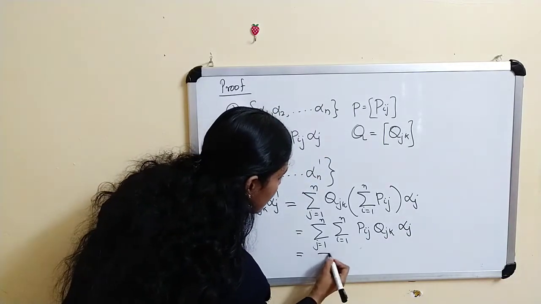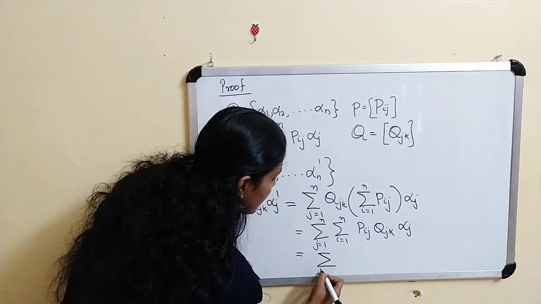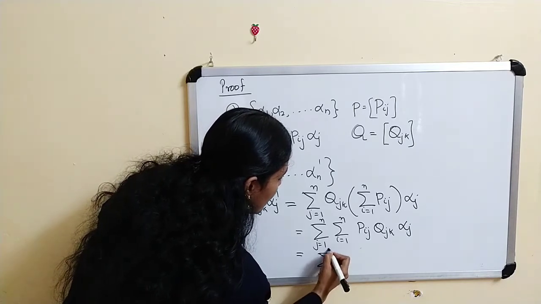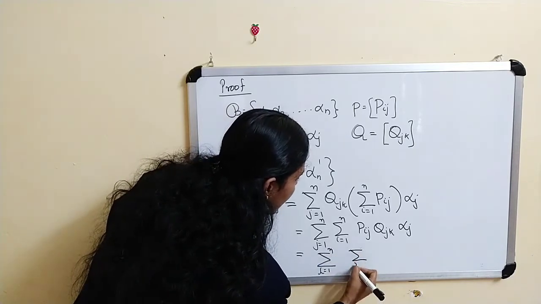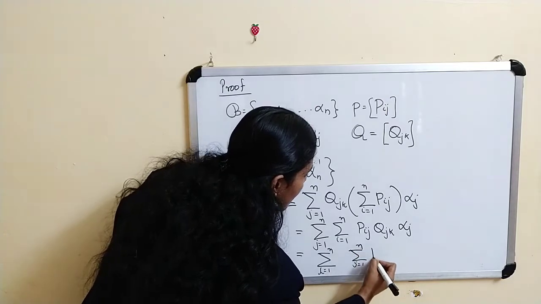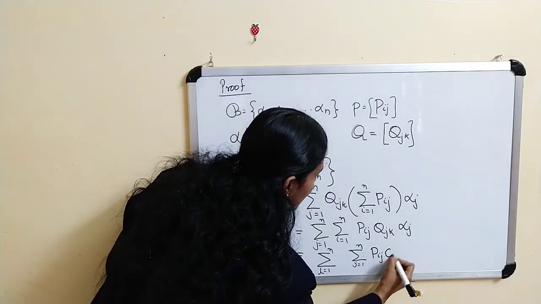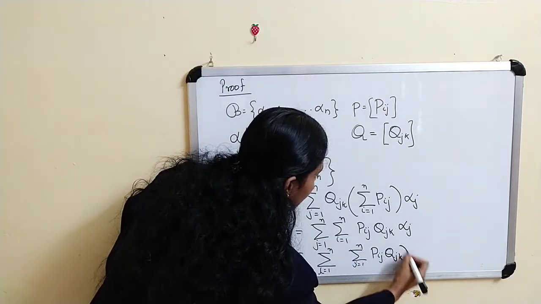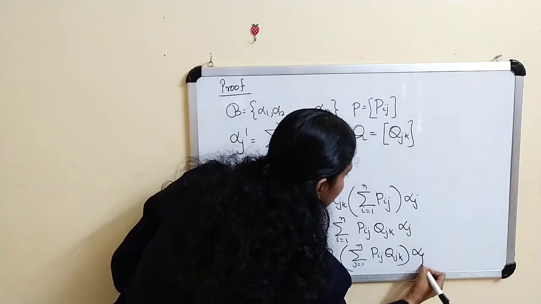And if you interchange the sum, this is sigma i varies from 1 to n, sigma j varies from 1 to n, P i j Q j k alpha i.